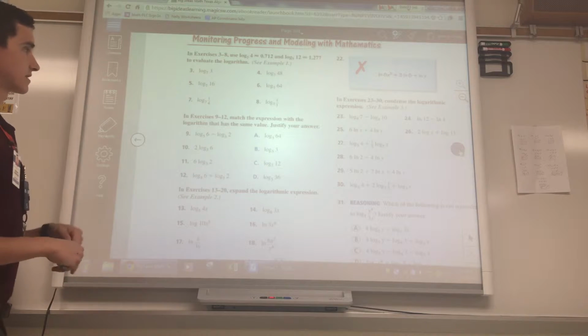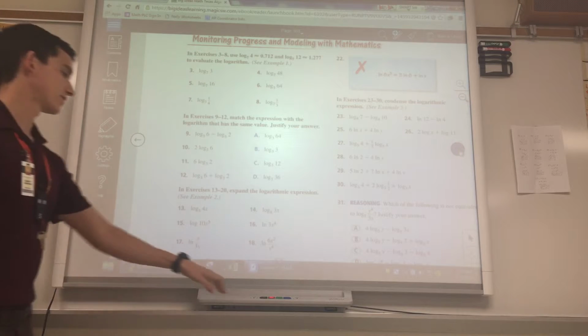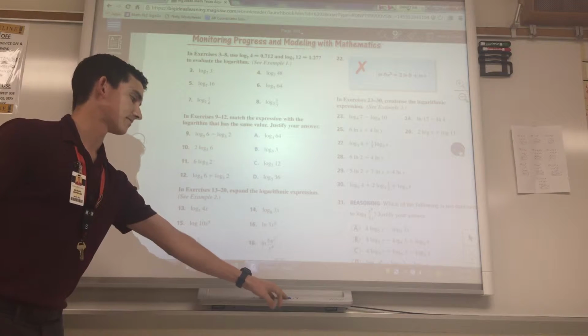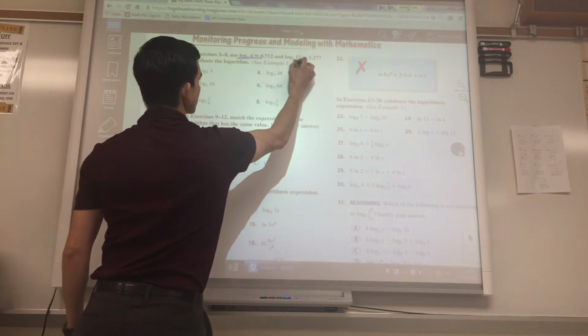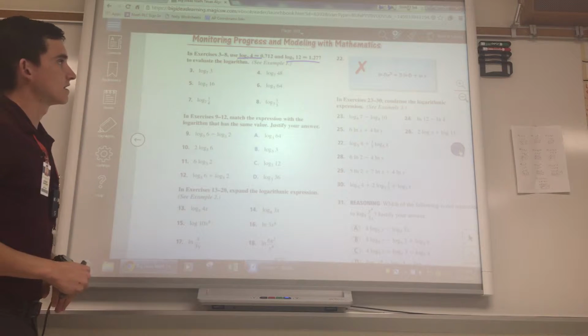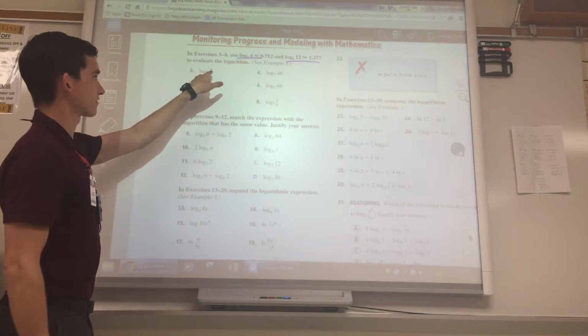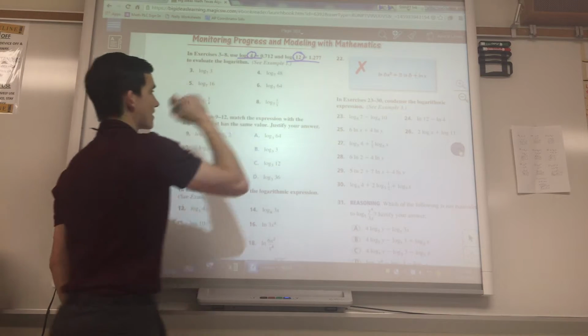So this actually confused me a little bit. I hadn't seen problems quite like these before, but they're easy to understand once you see what they're trying to get at. It says, use this and this to evaluate log base 7 of 3. Well, you've got to realize 3 is simply 12 divided by 4.